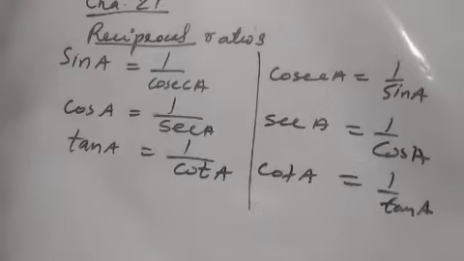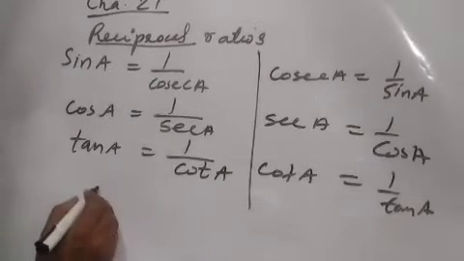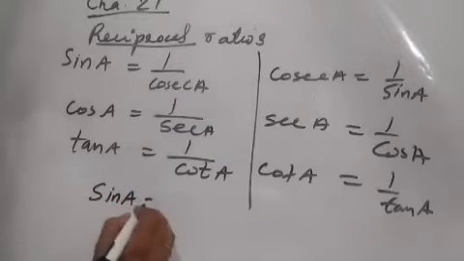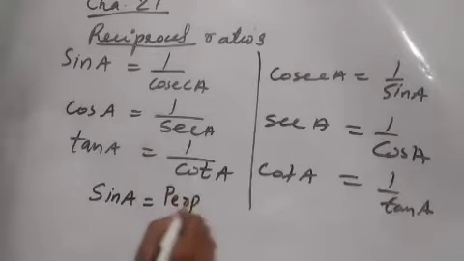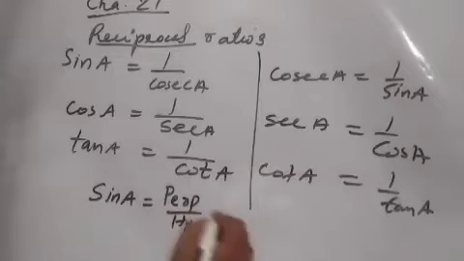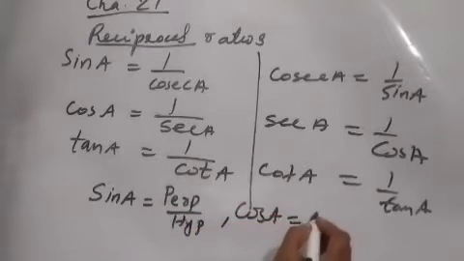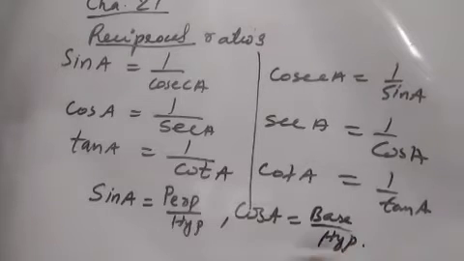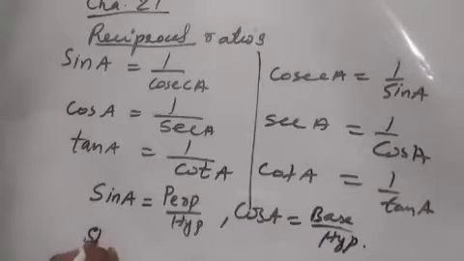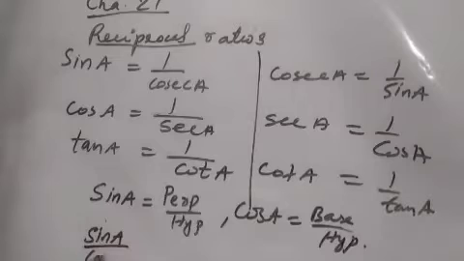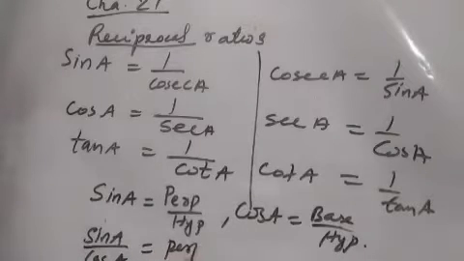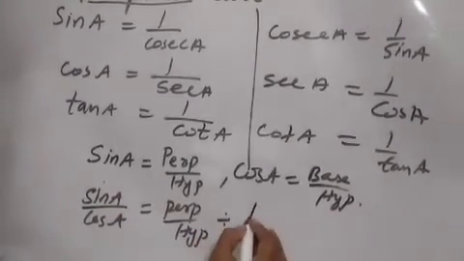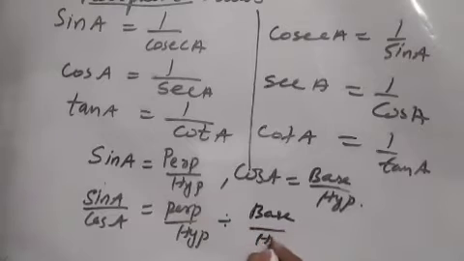And there are quotient relations also. We know that sine A is the ratio between perpendicular and hypotenuse. And cos A is the ratio between base and hypotenuse. Let us divide sine A by cos A. That is perpendicular by hypotenuse divided by base by hypotenuse.